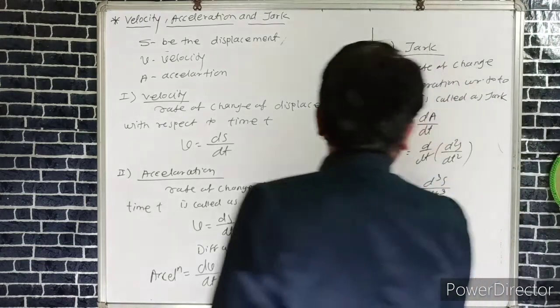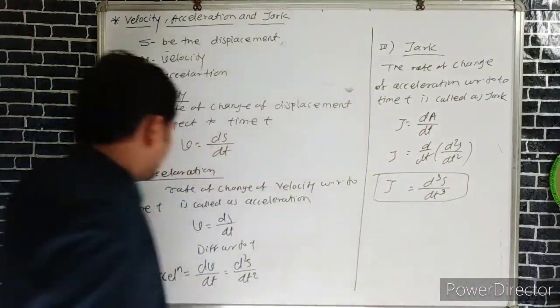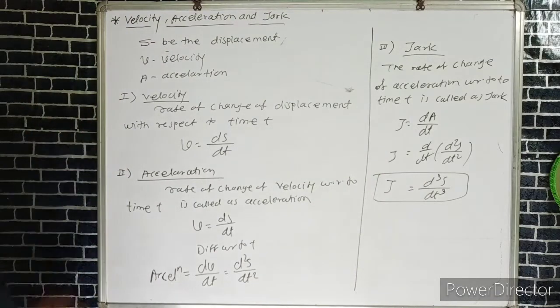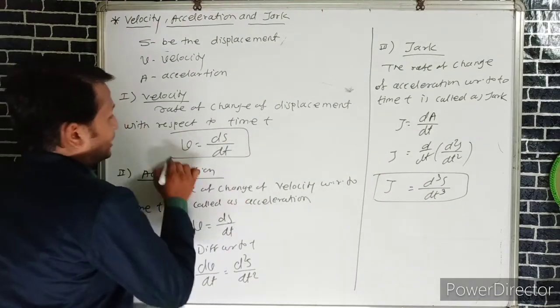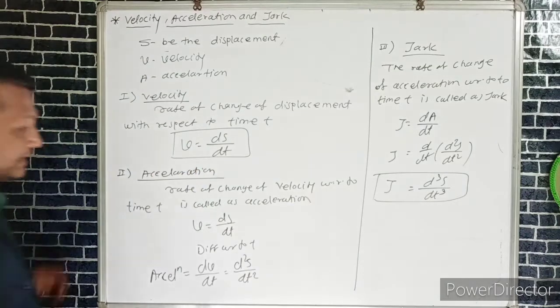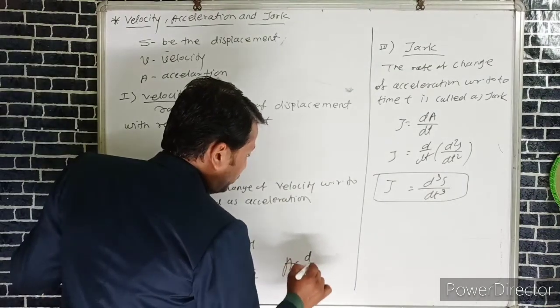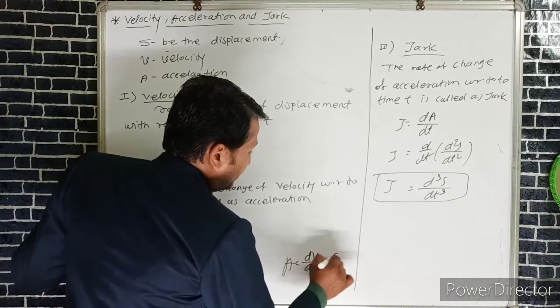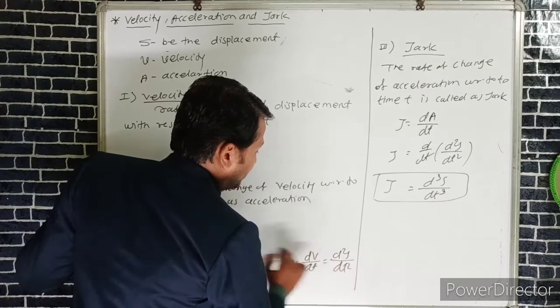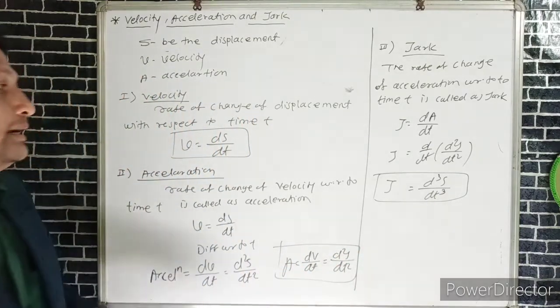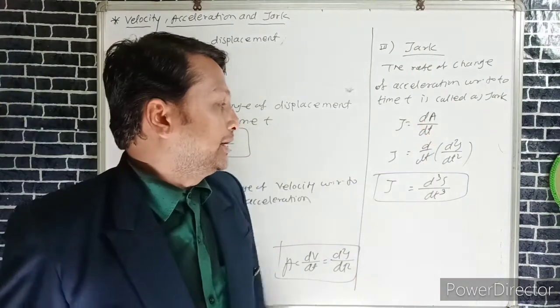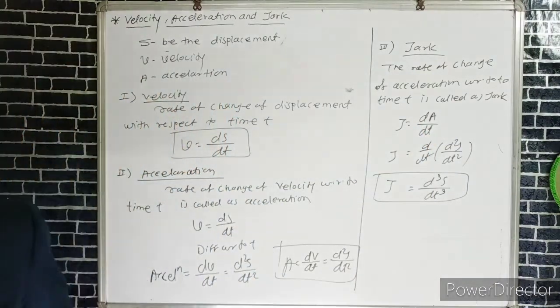It means that velocity v is equal to ds upon dt, acceleration a is equal to dv upon dt or d2s upon dt square, and jerk j is equal to dA upon dt or d cube s upon dt cube.